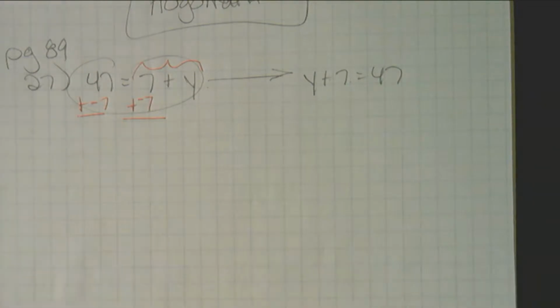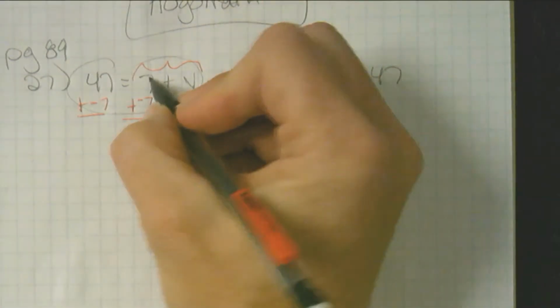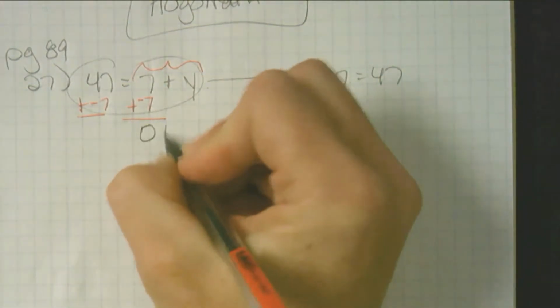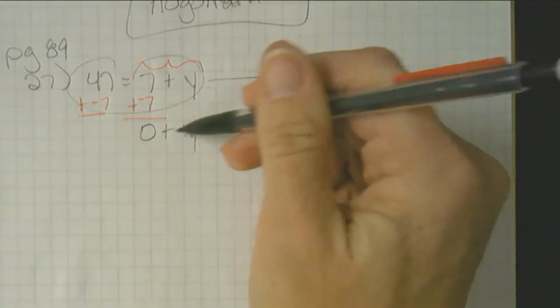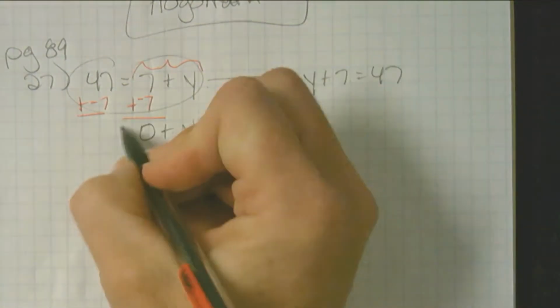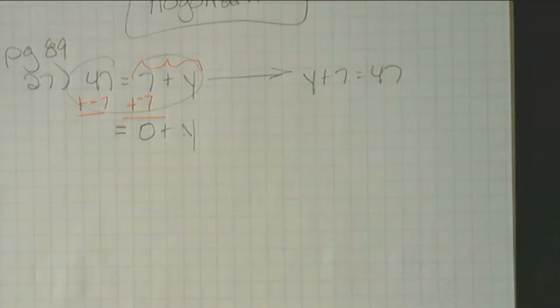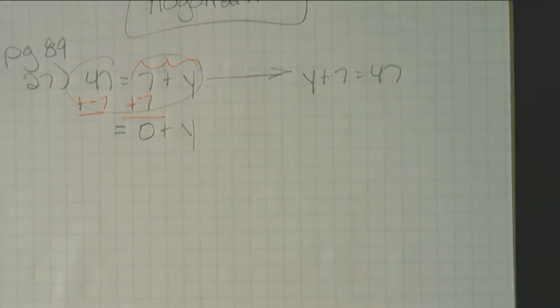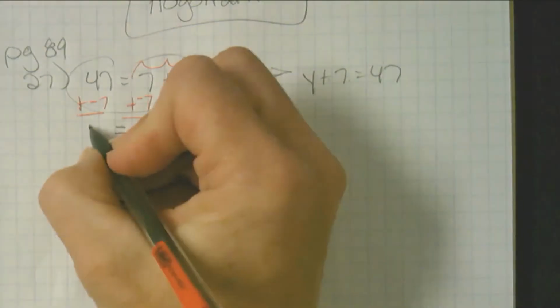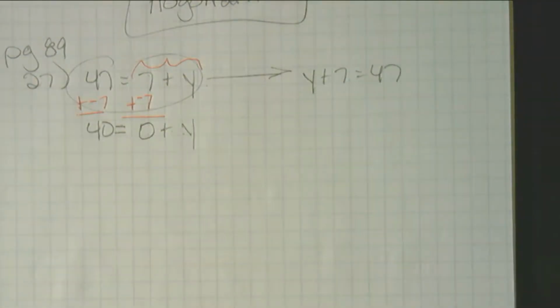All right, so when I do this, 7 plus negative 7 is 0. So I have y plus 0. So now this right side, I have y plus 0, which is what I wanted, equals. Well, what is 47 plus a negative 47? What's 47 plus a negative 47? Francesca? 40. Positive or negative? Why is it positive?